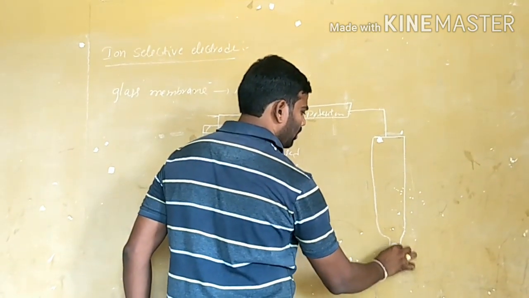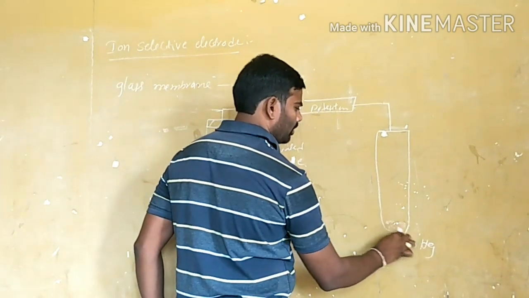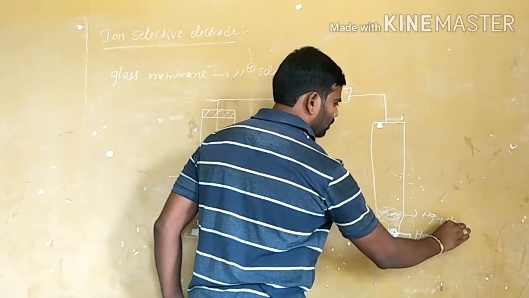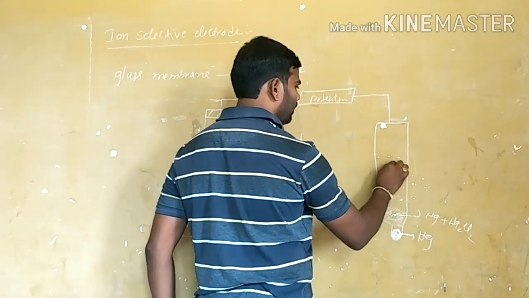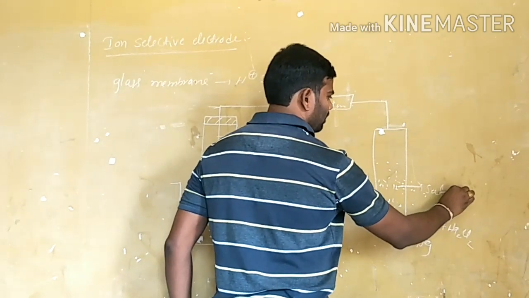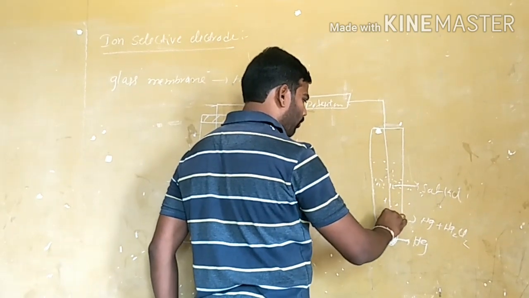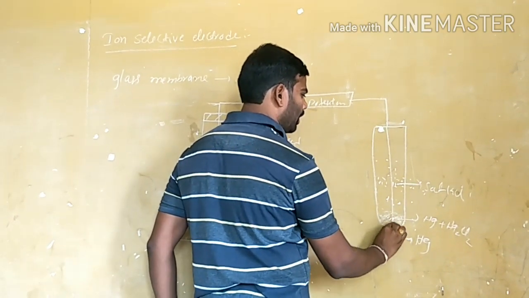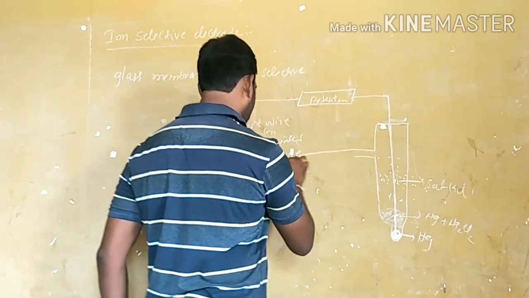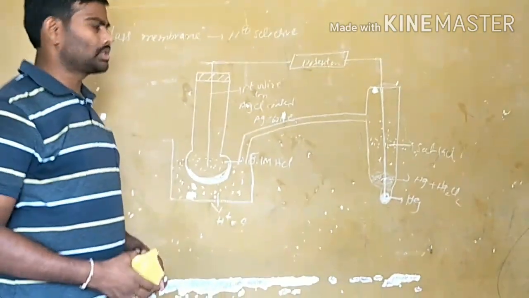At the bottom we have mercury, above which is a paste of mercury and mercurous chloride, and the remaining portion is filled with saturated KCl solution. A platinum wire is dipped into the mercury to make the electrical contact, and this side tube functions as a salt bridge. With this, a total cell is formed.